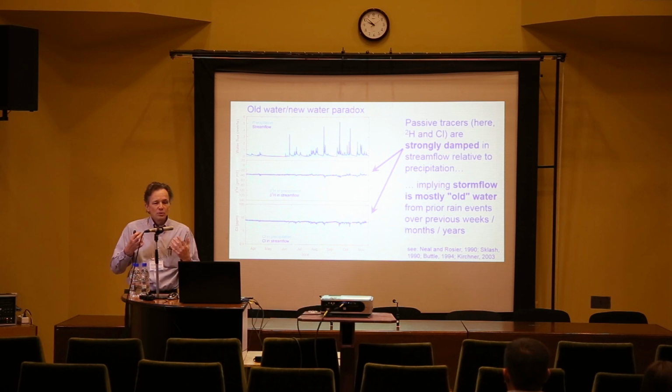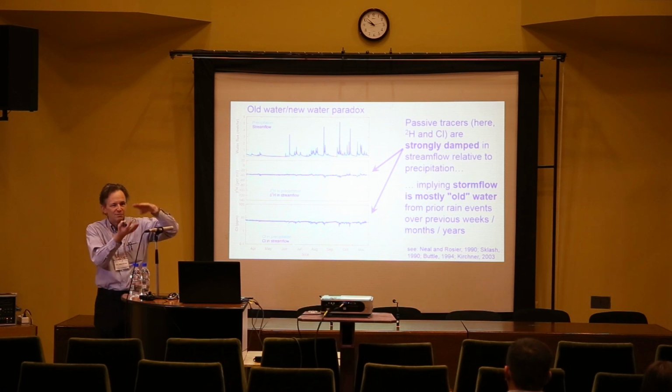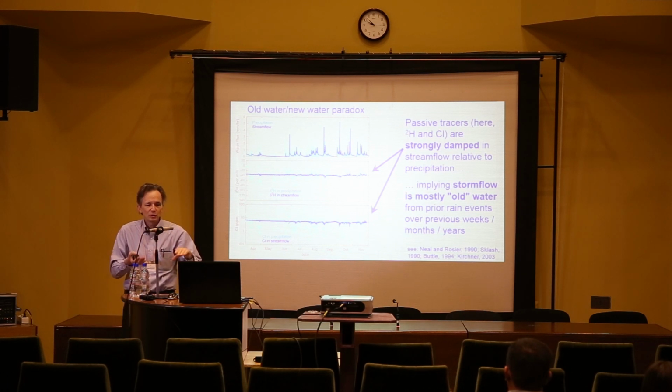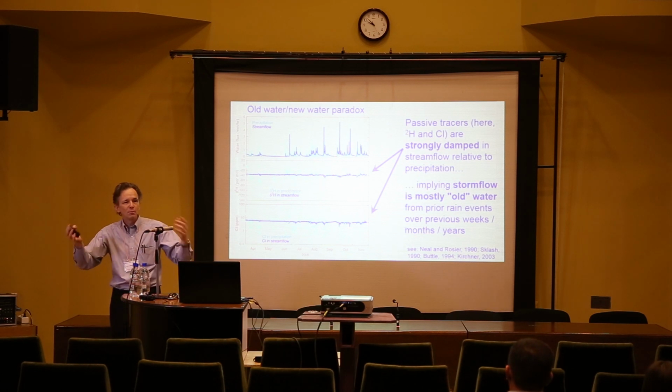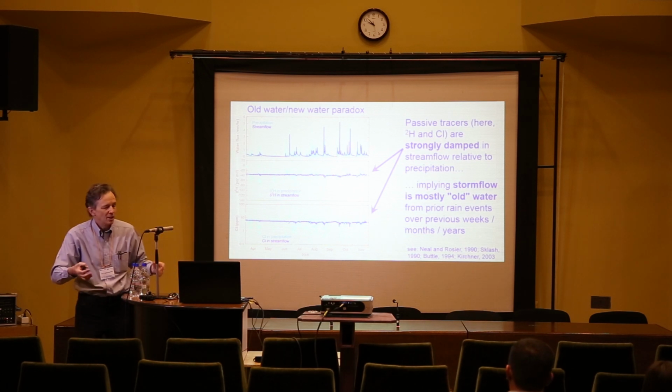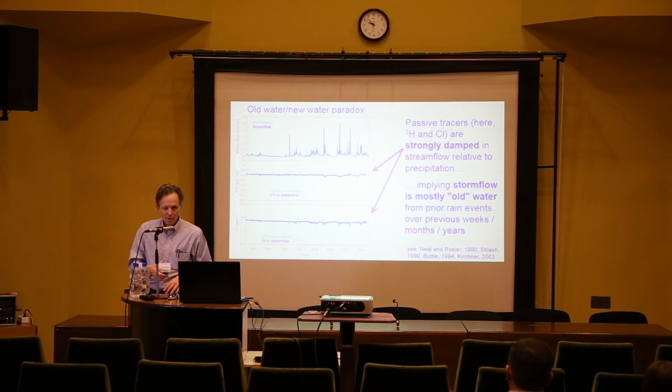So the tracer concentrations in the stream are much less variable than the tracer concentrations in precipitation. And the only way that can be true is if what we are seeing in the stream is an average of water from many previous rainfall events. And this is true even during storm peaks.